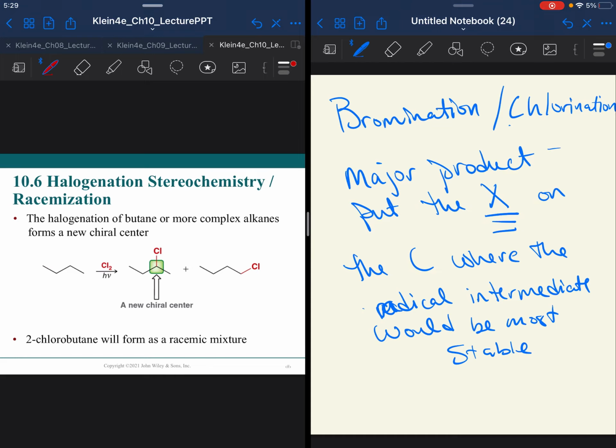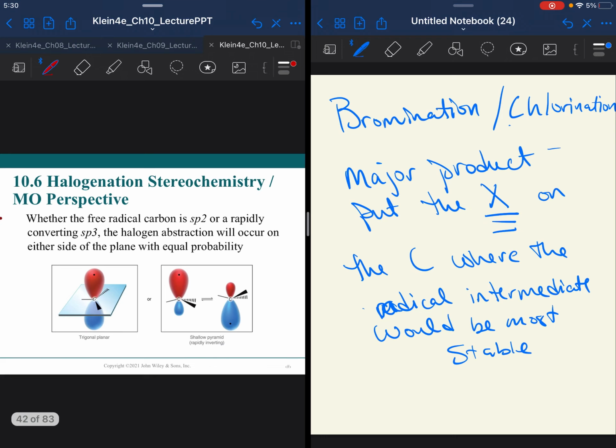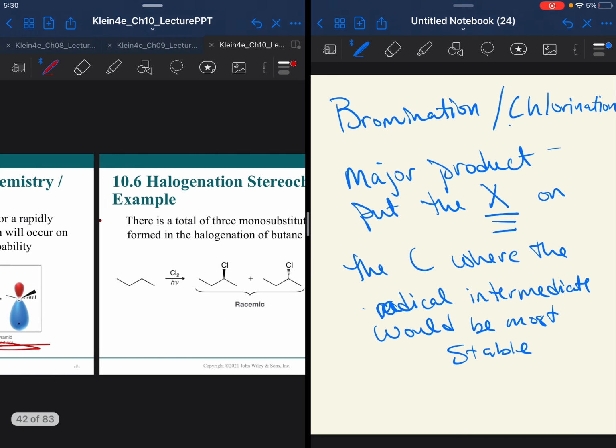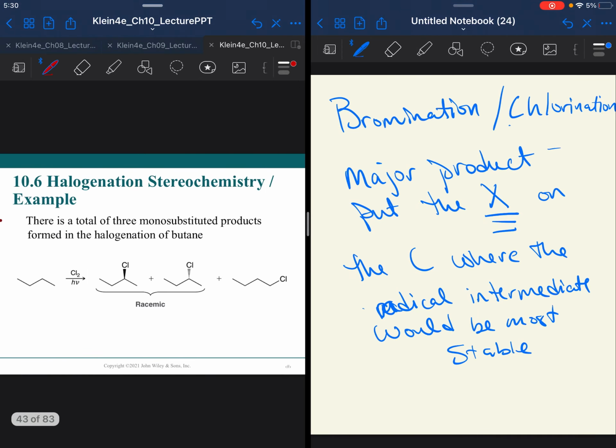Even though the radical isn't completely flat, the radical that is reacting with it can approach from either side, because you can either think of it as totally flat or a really shallow pyramid that converts. So in either case, the approaching radical can come from either side. So it's not stereoselective at all. It's regioselective, but it is not stereoselective.